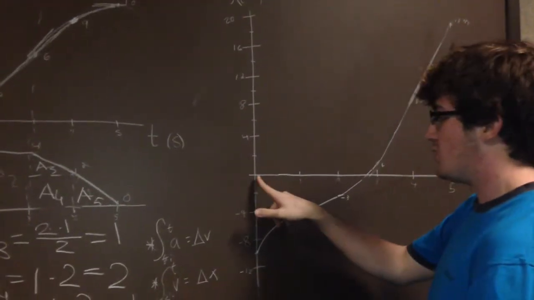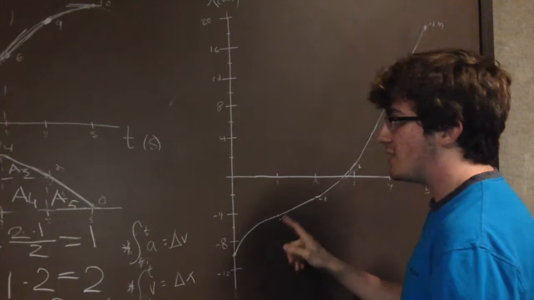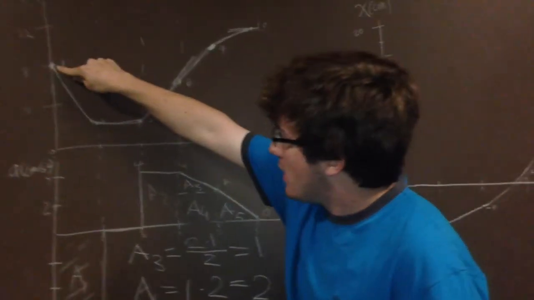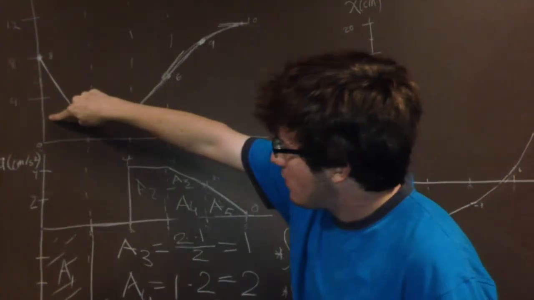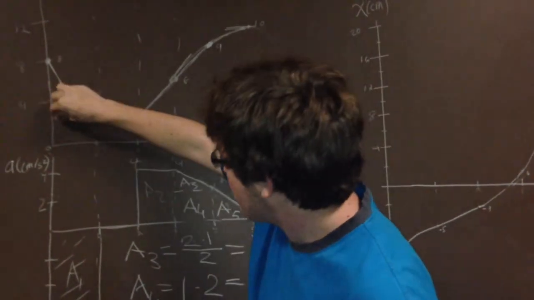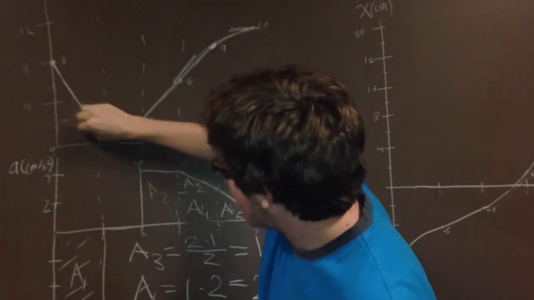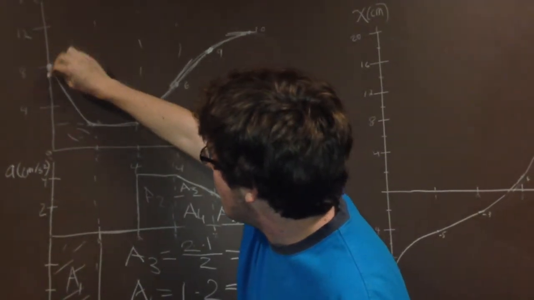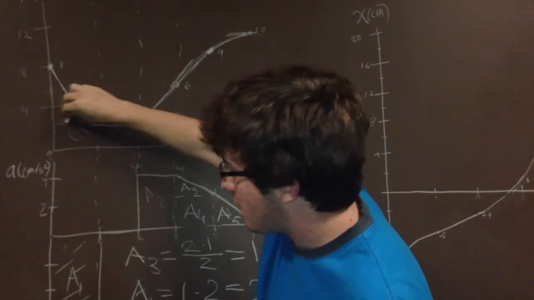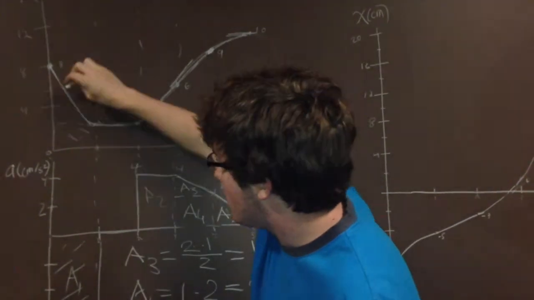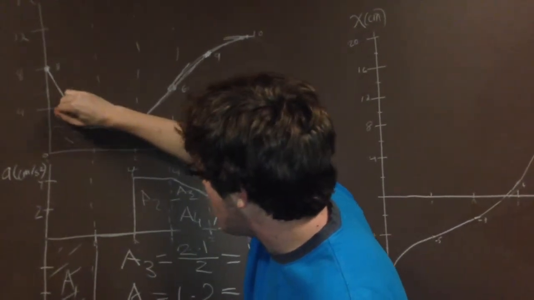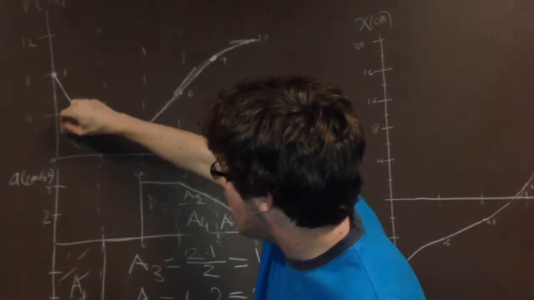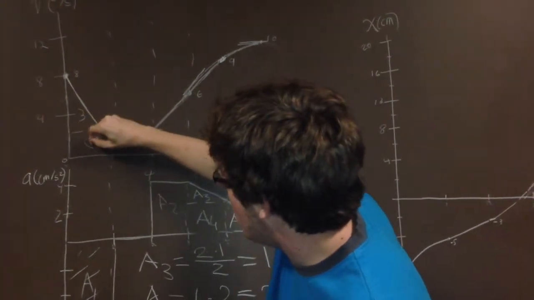So from 0 seconds to 1 second, it changes by 5, because right here we have a triangle and a rectangle. So the triangle has a height of 6 and a length of 2. So this area will be 3. And the rectangle has a width of 1 and a height of 2. So its area will be 2.